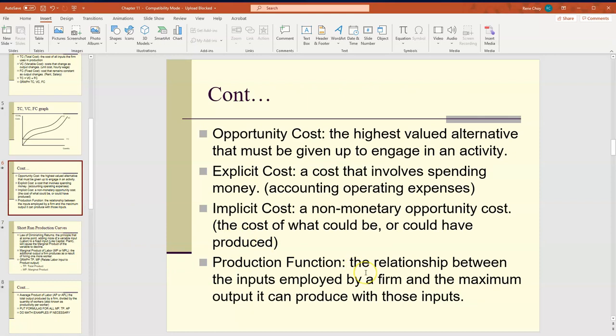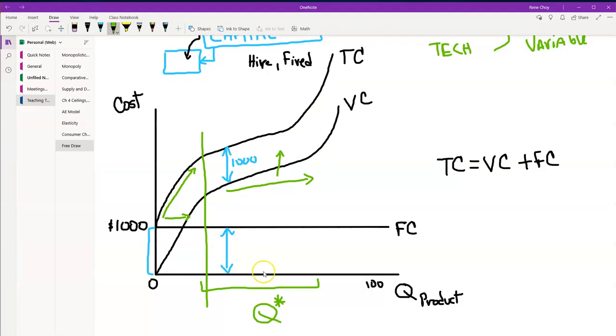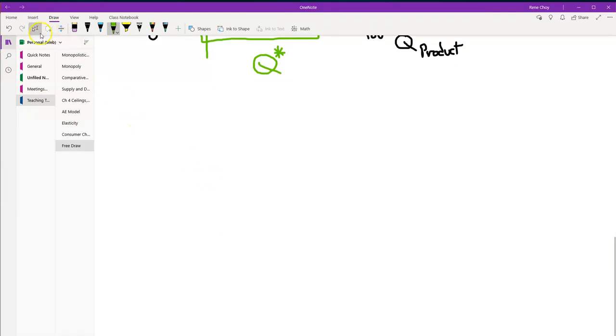Now, the production function is basically a relationship between the inputs employed by a company and the maximum output it can produce with those inputs. So the production function is a relationship between inputs and outputs.